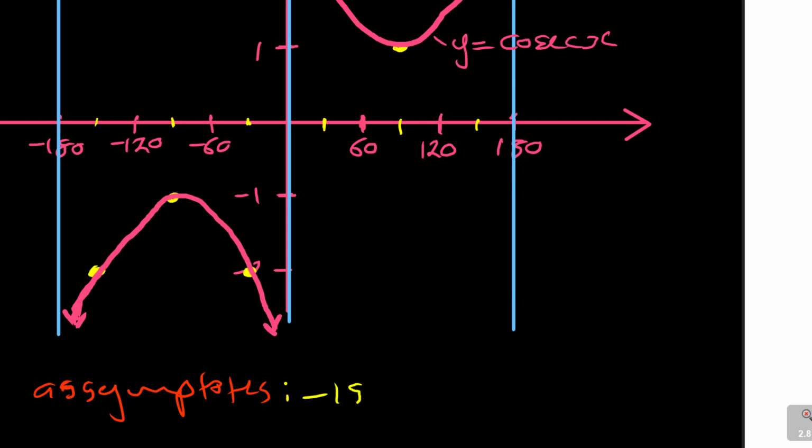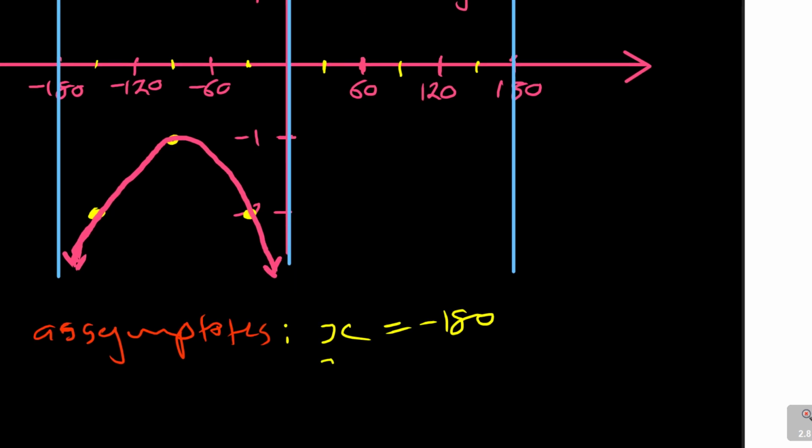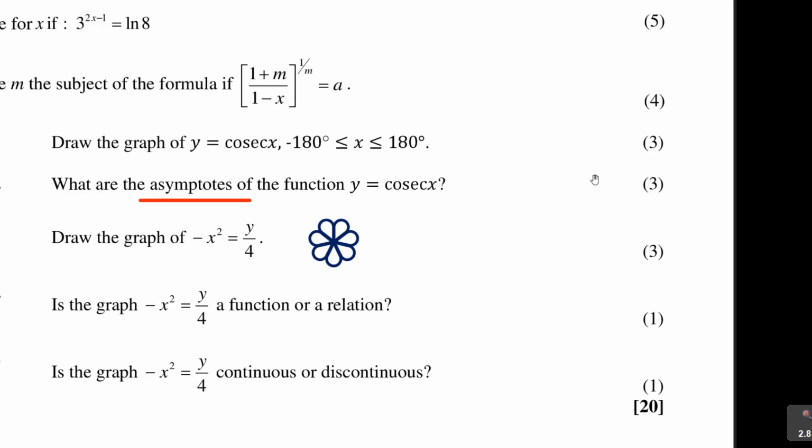Minus 180, or you can say x is equal to negative 180. The other one is what? x is equal to 0. These are the equations of the asymptotes. And then x is equal to 180 degrees. I think that's why they made it 3 marks, because it was coming for 3 marks each.